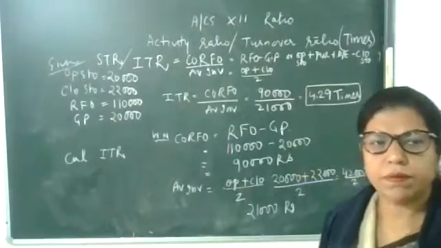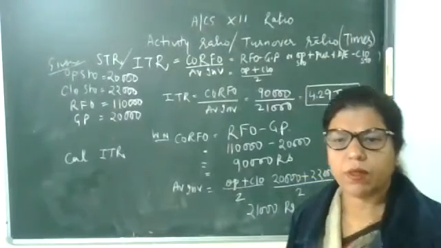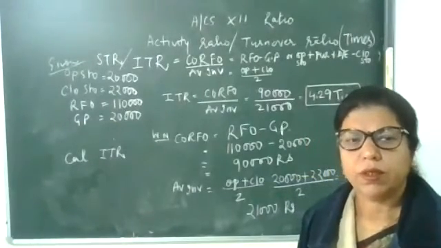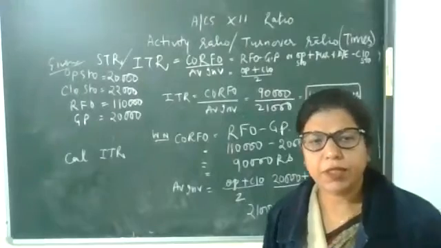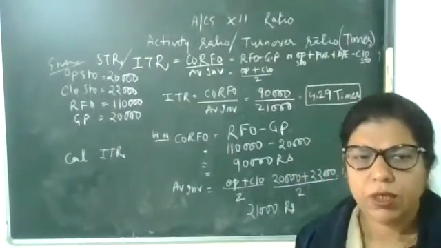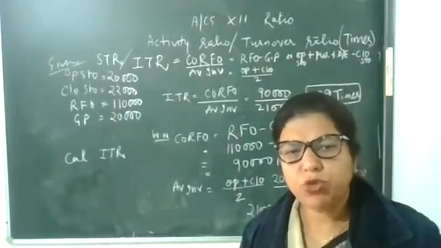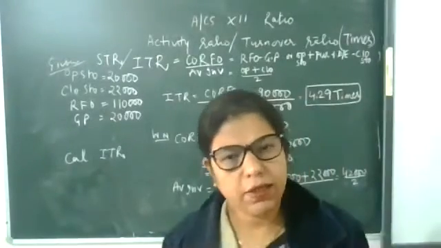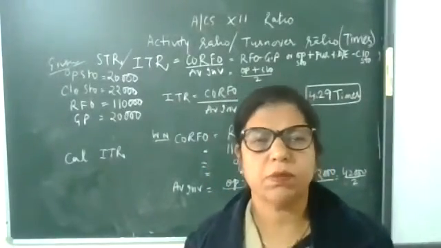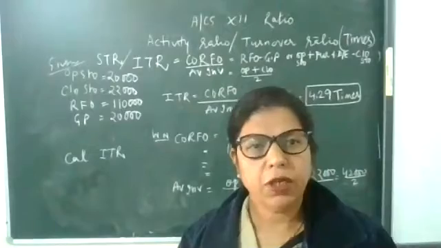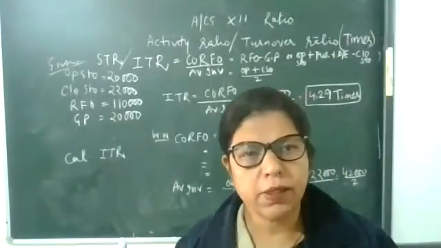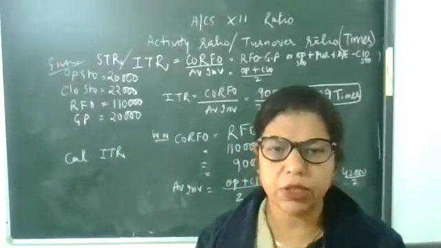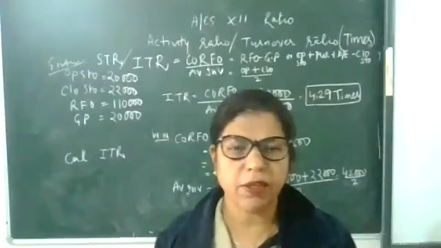Clear? So today I explained to you, and from tomorrow I will start the second type of this method, where something is missing or the question will be in fill in the blank form.